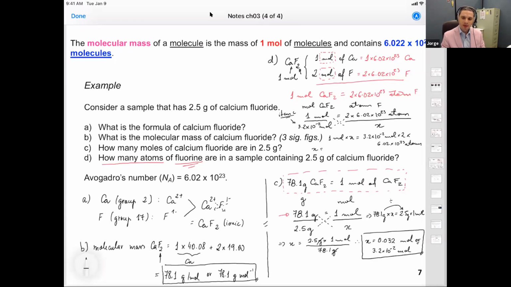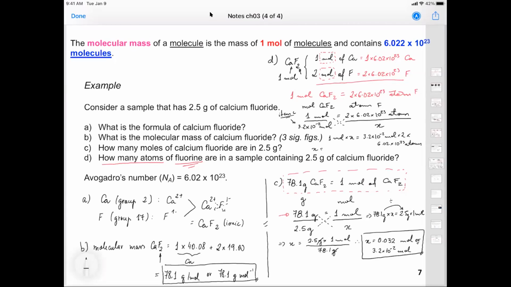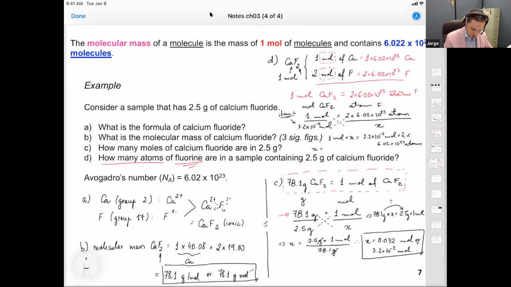So attention here, because we have a multiplication of powers. Every time you multiply powers, you keep the base and add up the exponents. Attention here, because you have 10 to the minus 2 times 10 to the 23rd. So it's going to be minus 2 plus 23.